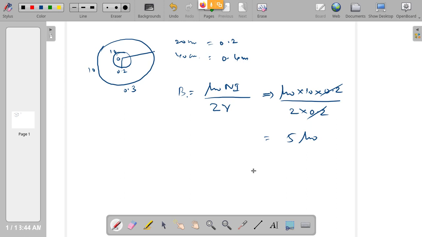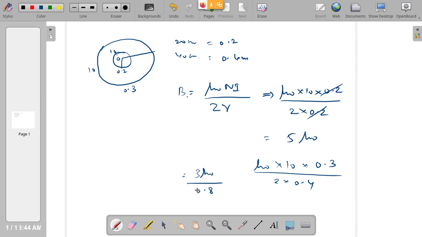Second case, mu naught into 10 into 0.3 amperes current divided by 2 into 0.4. So you have 3 mu naught by 0.8, because 10 into 0.3 is 3, so 3 mu naught by 0.8. You have to just subtract these two, because the currents are in opposite directions.